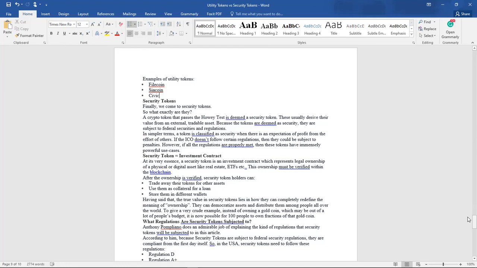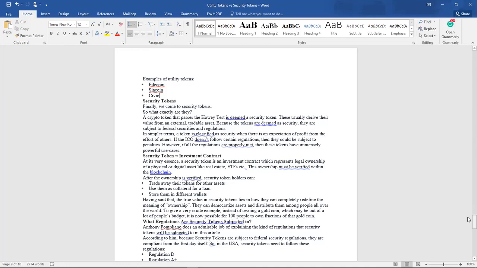So mainly, security tokens work well when there is a physical or a digital asset in place. After the ownership is verified, security token holders can trade away their tokens for other assets, use them as collateral for a loan, and store them in different wallets.